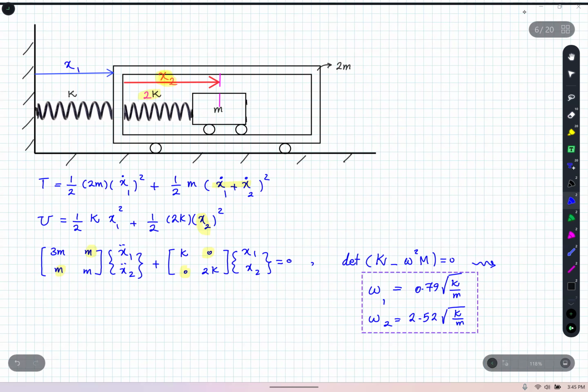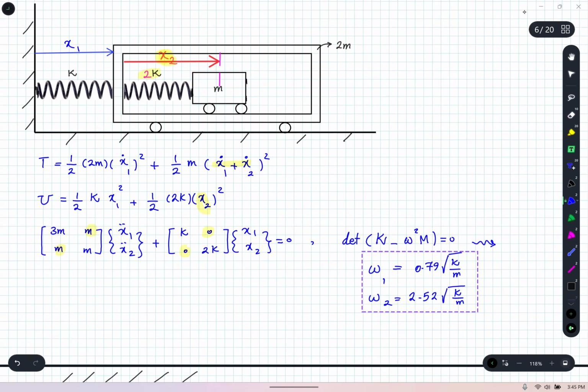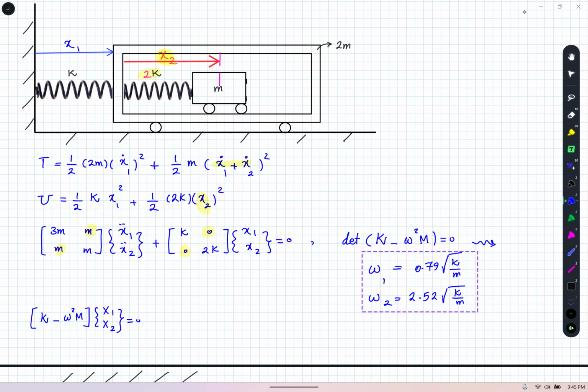But let's actually find the ratio of x1, x2 and see how that is going to change. So x1, x2. I'm going to just write the result for you, and hopefully I did it correctly.